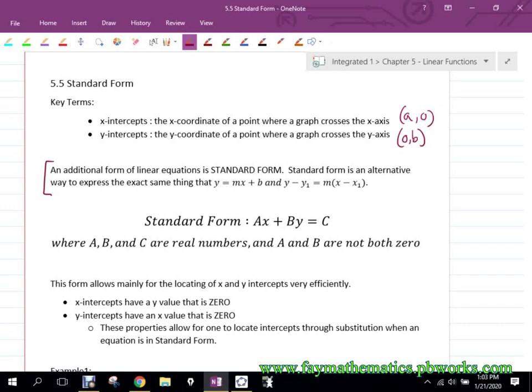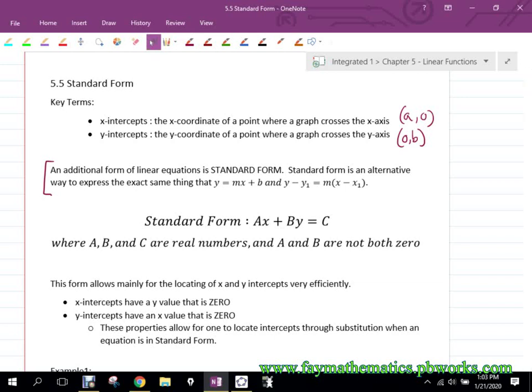Some textbooks put c on the left-hand side, so it's like ax plus by plus c equals 0 as standard form. Ours puts c on the right-hand side. It doesn't matter. They all mean the same thing, but it's just different formats of what we consider standard form. But this is what our textbook calls standard form. It's what the end of course exam refers to as standard form.